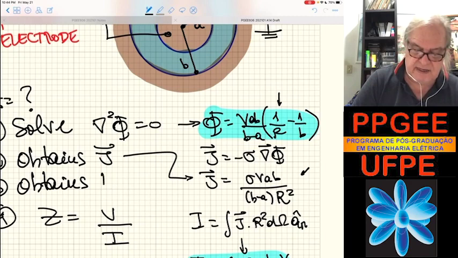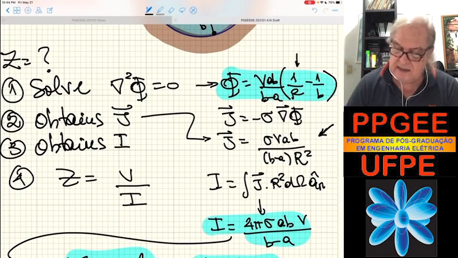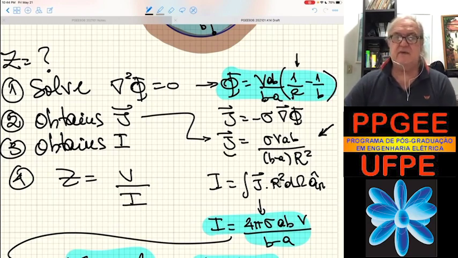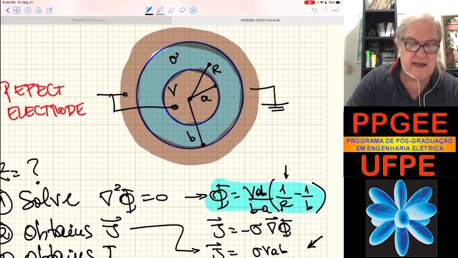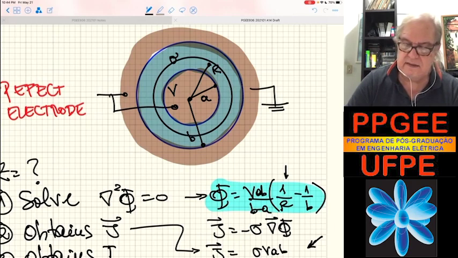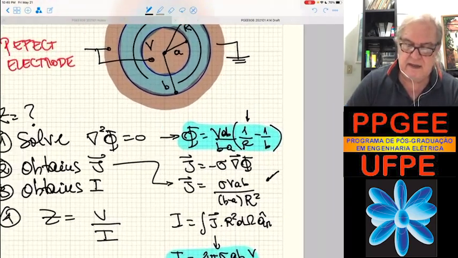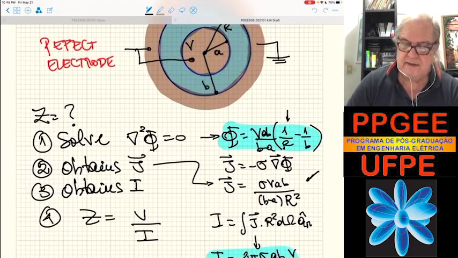So the next step is to obtain the current. I know the density, so the current is the integral of J times the area.